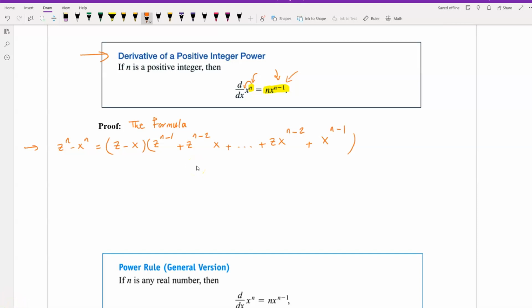So the formula that I have here can be verified by multiplying out the right hand side.